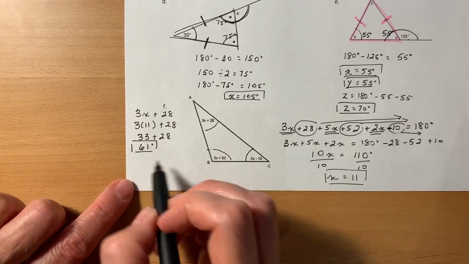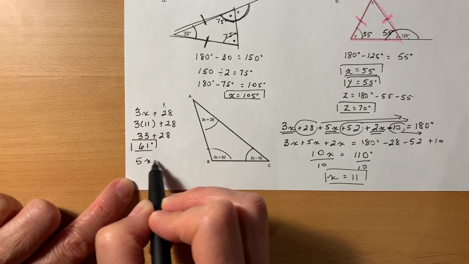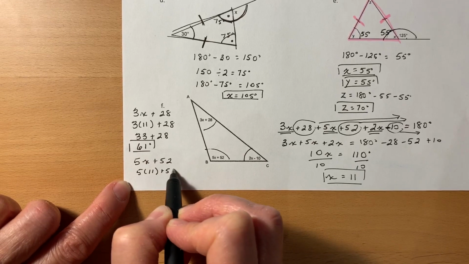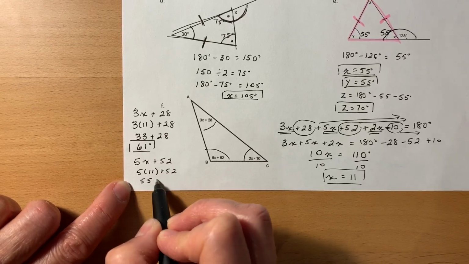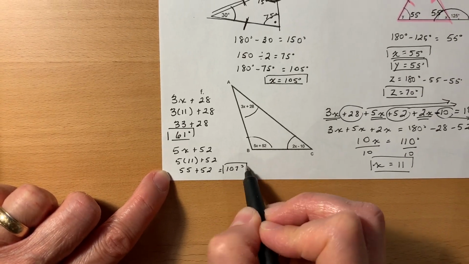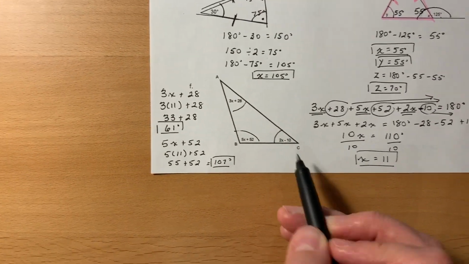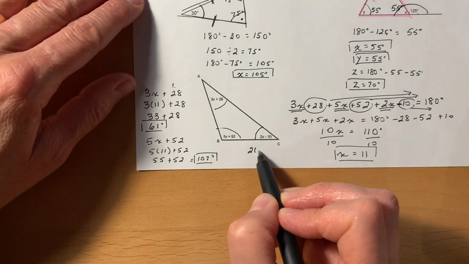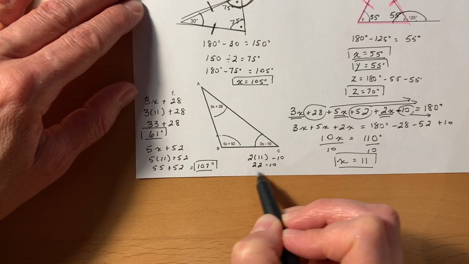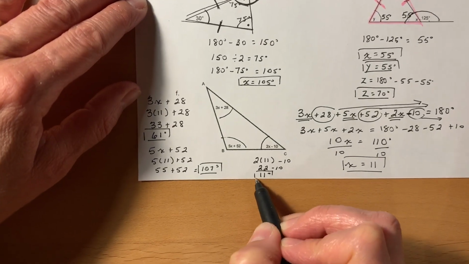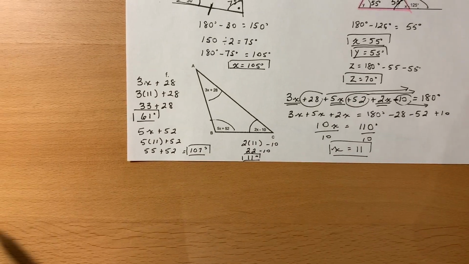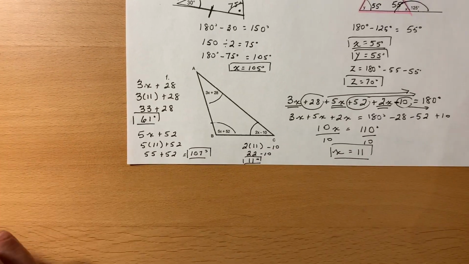Then repeat it here, 5x plus 52: 5 times 11 plus 52, so 55 plus 52 equals 107 degrees. And then we repeat it right here, 2 times 11 minus 10, so 22 minus 10, which is 12 degrees. Once again, remember nothing is drawn to scale. We do everything algebraically, and that's it.